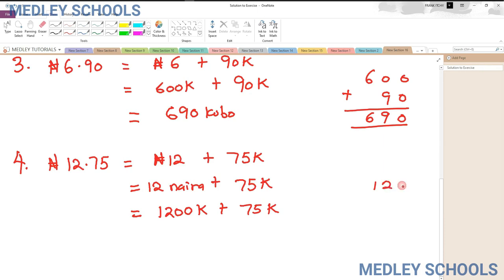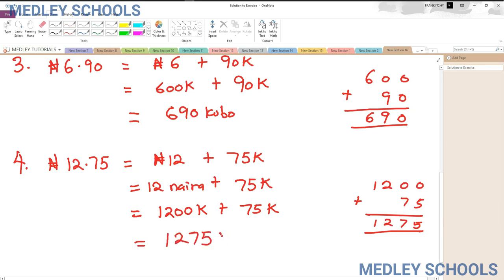So when I add this together, 1200 plus 75, I have 1275 kobo.